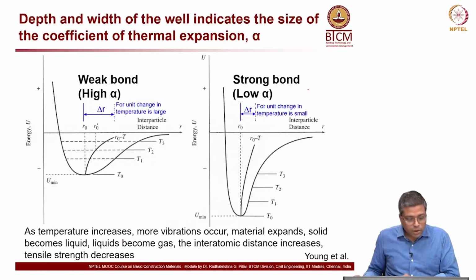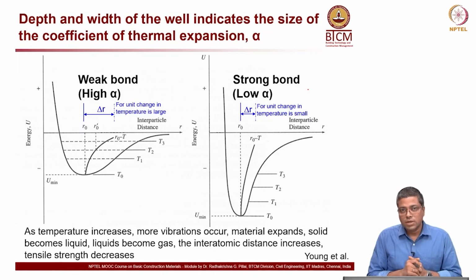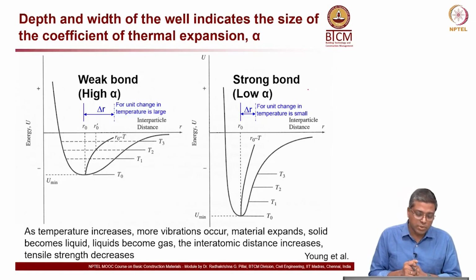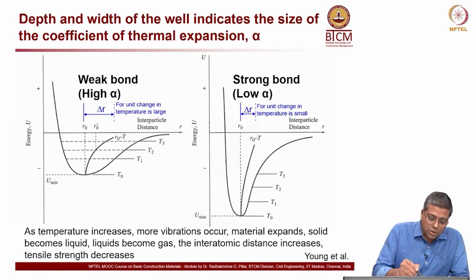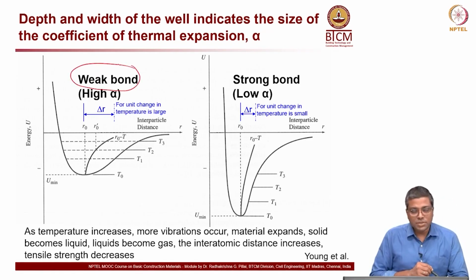Okay. Now, let us look at what the shape of this diagram means, and how we can use these graphs to understand the coefficient of thermal expansion. So, let us look at the case of a weakly bonded material on the left side.